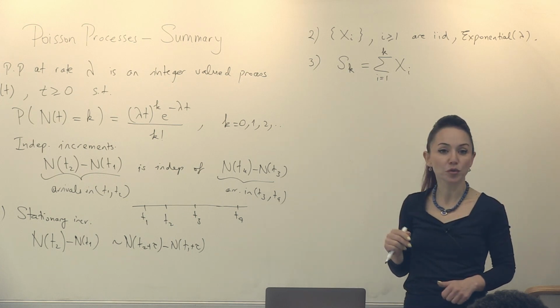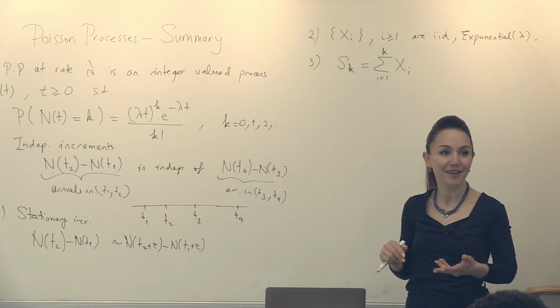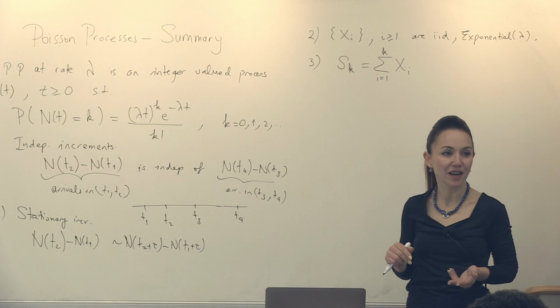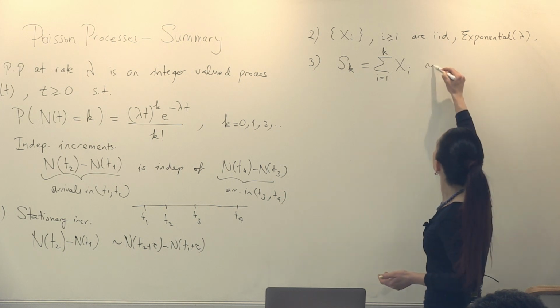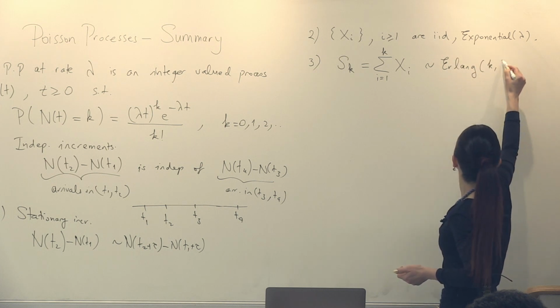What is the distribution of Sk? Sum of k independent exponentials of rate lambda. And we show that this has the Erlang distribution, Erlang of order k, parameter lambda.